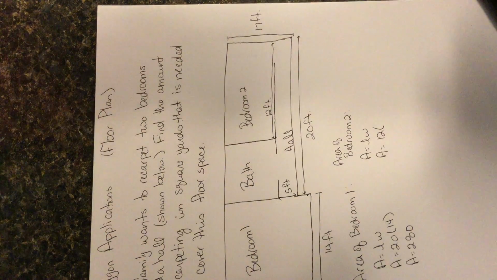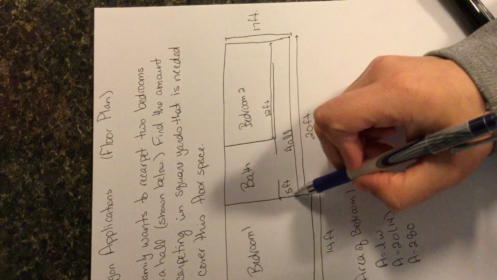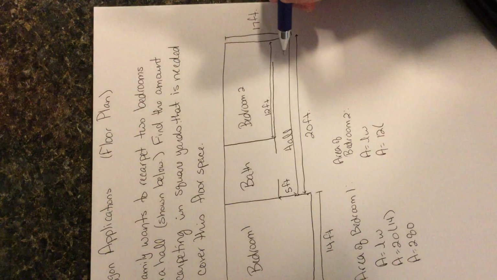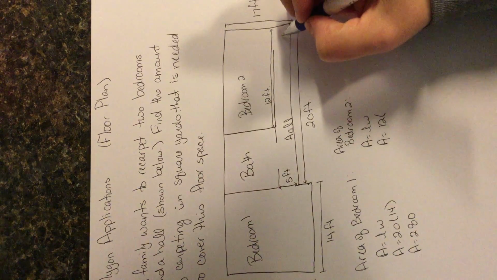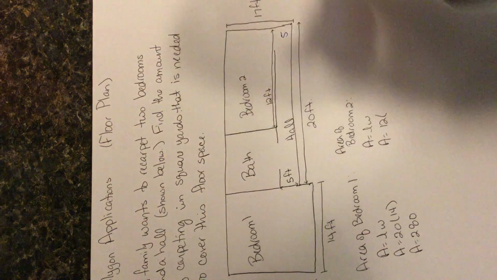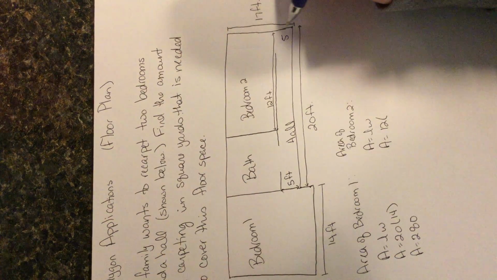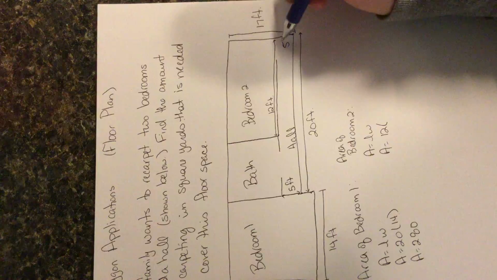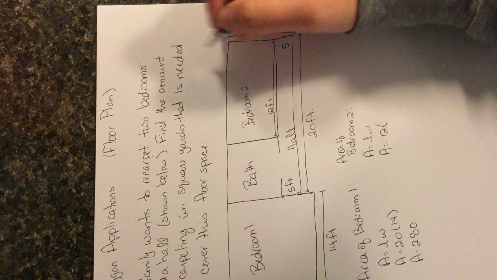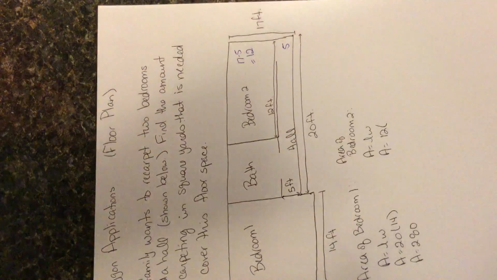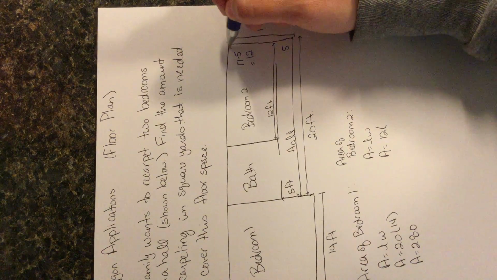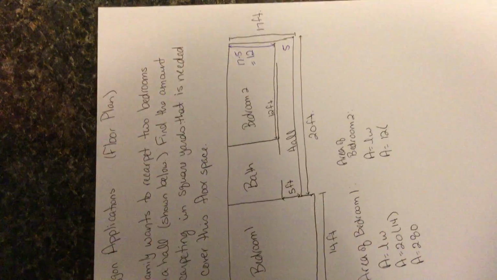The hall, we know, is 5 feet from here to here, and it's also a rectangle. So this is also 5 here, since it's a rectangle. So if this whole wall here is 17 feet and this part's 5, then if you do 17 minus 5 to get the wall of the bedroom, you'll get 12. So that would be 12 feet from here to there.